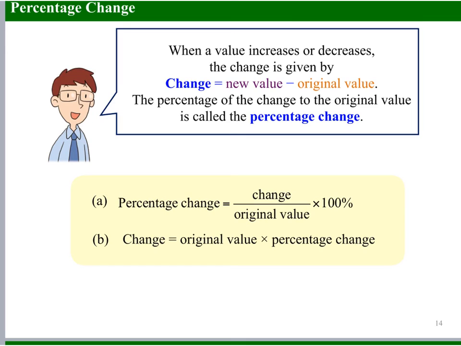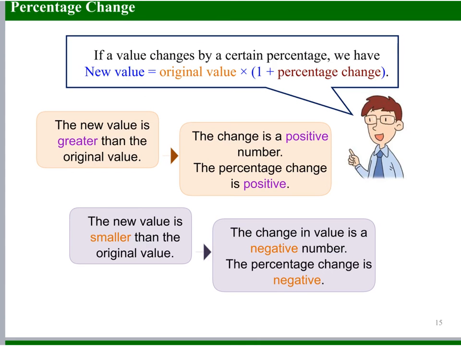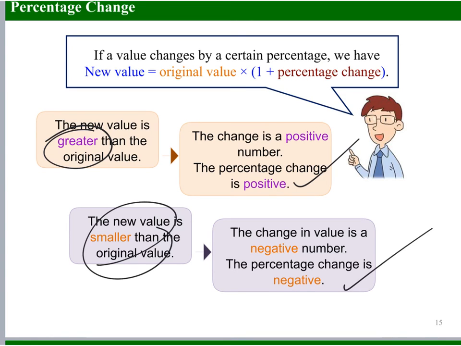Everyone should remember these two equations. If the new value is greater than the original, the change is positive. If the new value is smaller than the original value, then the change is negative.